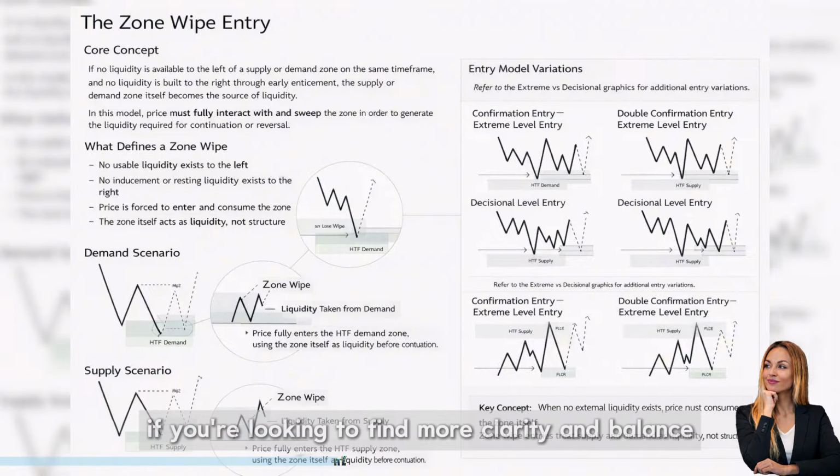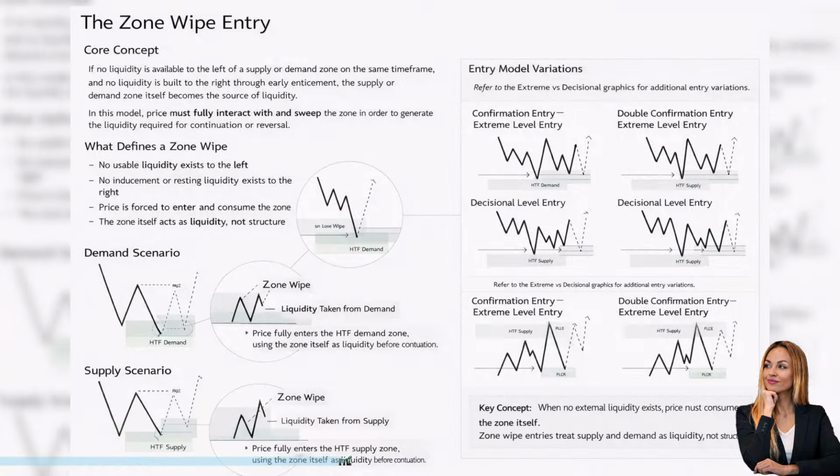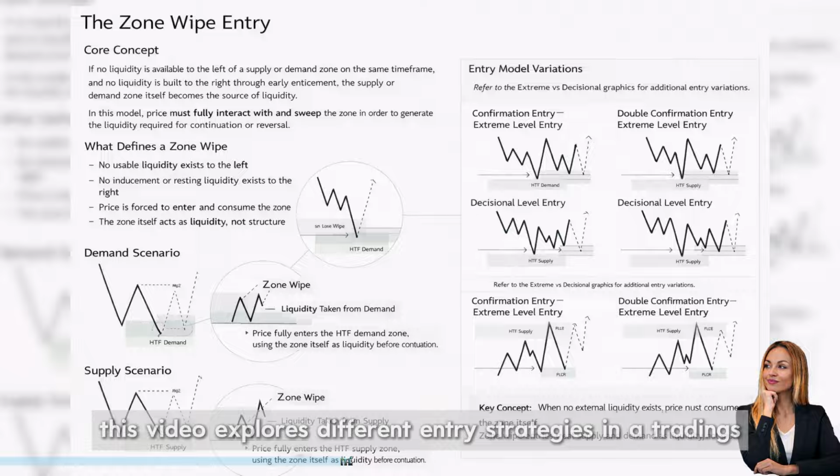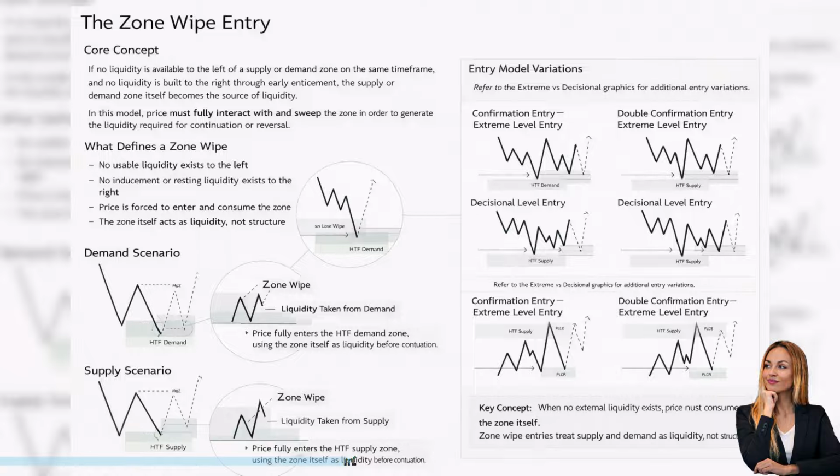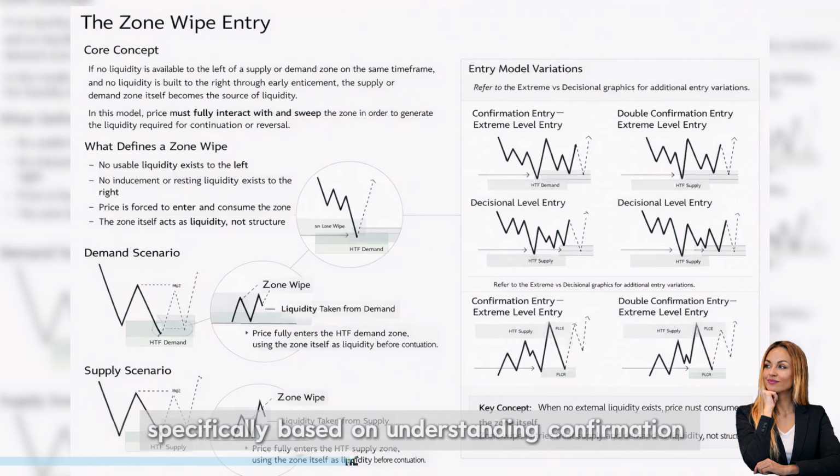So if you're looking to find more clarity and balance, mastering the underlying logic is the first step. This video explores different entry strategies in trading, specifically based on understanding confirmation and double confirmation entry types and entering from extreme and decisional zones.